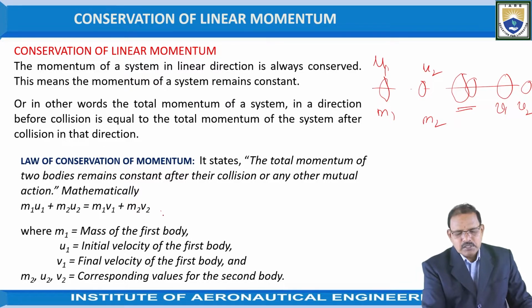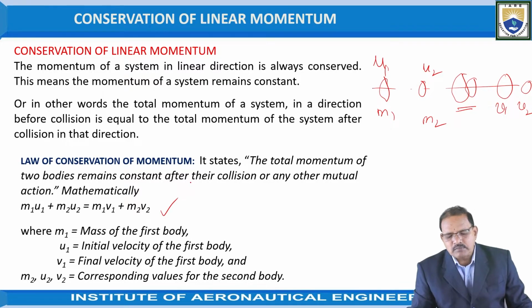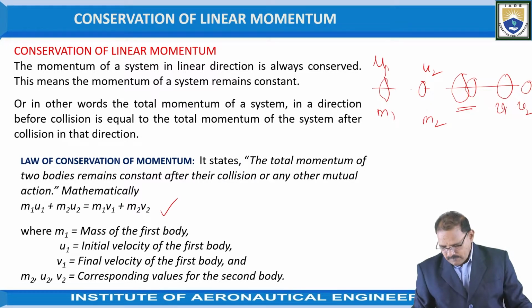This is called the law of conservation of momentum. The total momentum of two bodies remains constant after their collision or any other mutual actions, and is mathematically represented as M1 U1 plus M2 U2 equals M1 V1 plus M2 V2.